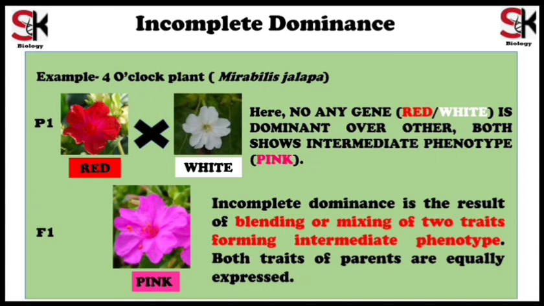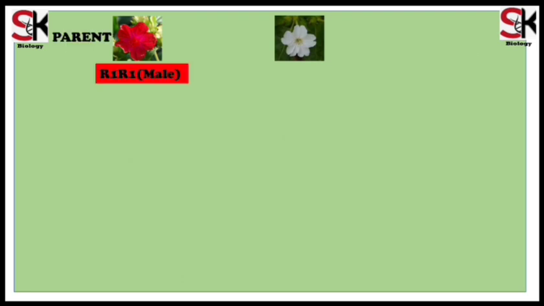Now suppose the parent plant, which is red, is a male and the alleles needed for the red color phenotype are a pair of R1 alleles. In the same way, the other parent with a white flower is female and the white phenotype is due to the presence of a pair of R2 alleles.